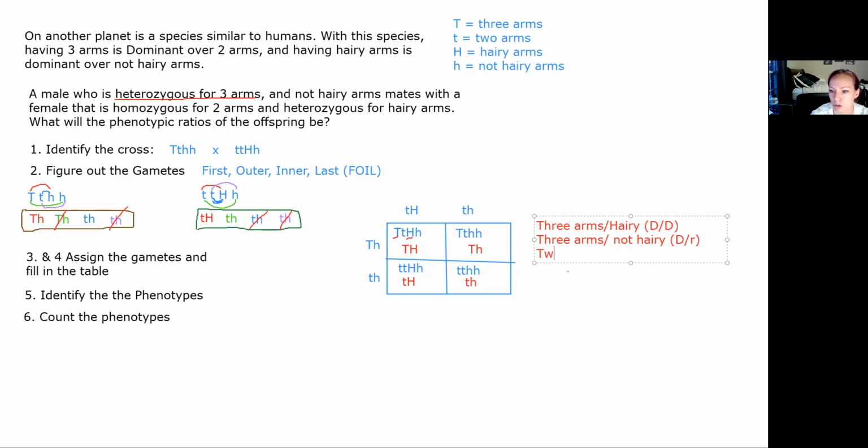We're going to talk about 2 arms and hairy, which would be recessive dominant. And then we're going to talk about 2 arms and not hairy, which would be recessive. Now we're going to count all those up to find the phenotypic ratio, just like this question is asking.